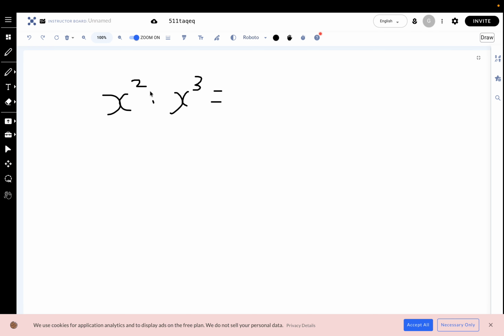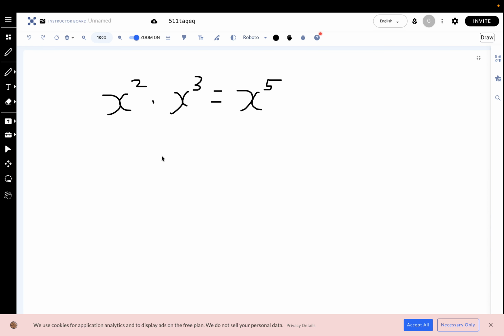So that checks out. But the powers don't necessarily need to be different. As long as the bases are the same and they are being multiplied together, you can actually add the powers together. So 2 plus 3, that's 5.